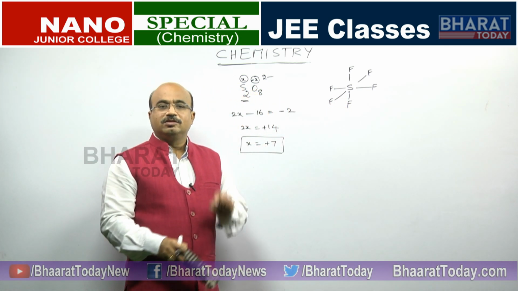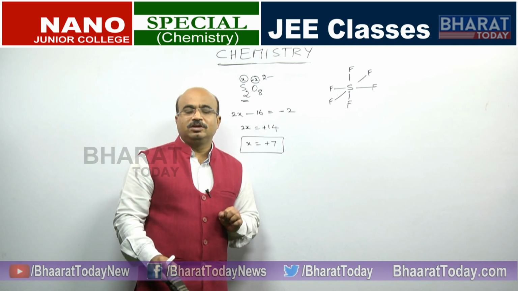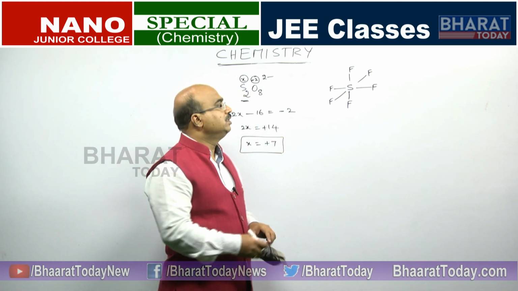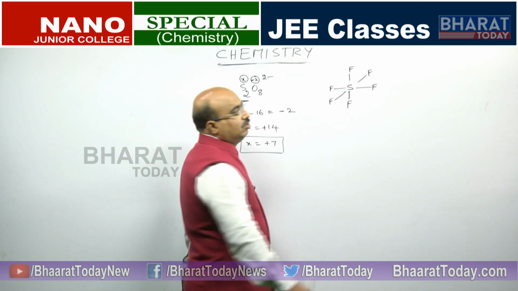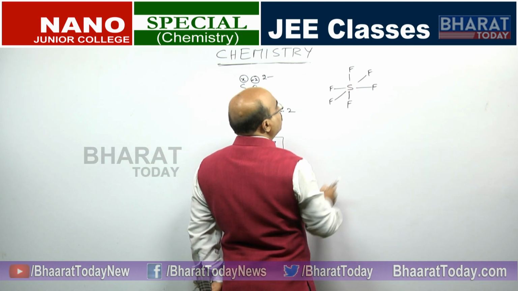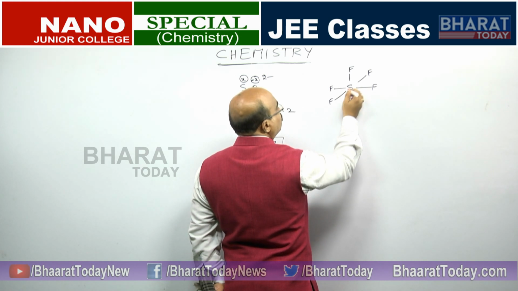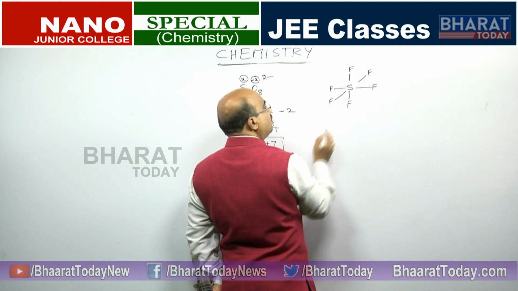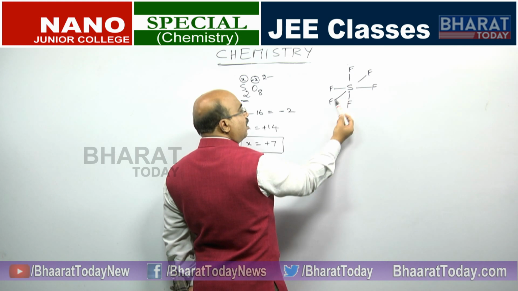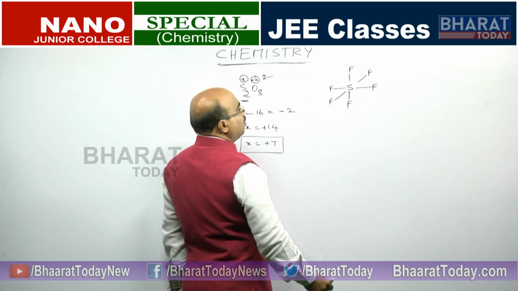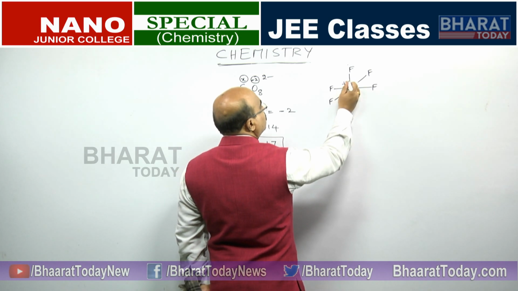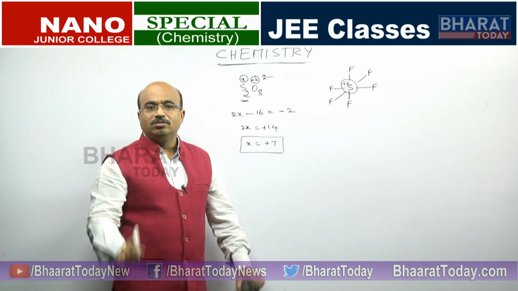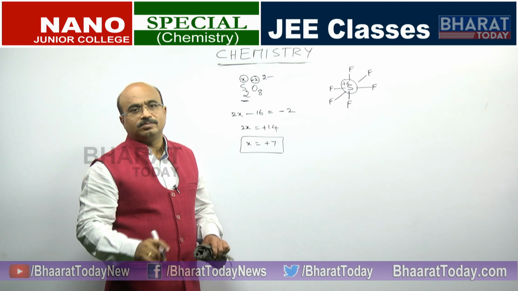What is the total charge I can get on the sulfur? Each bond moves towards fluorine, so plus 1 for each of the 6 bonds. That is plus 6 in total. So, sulfur can never have more than plus 6.